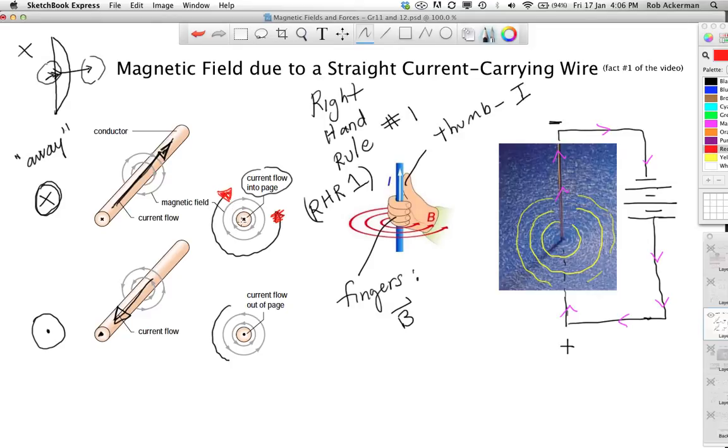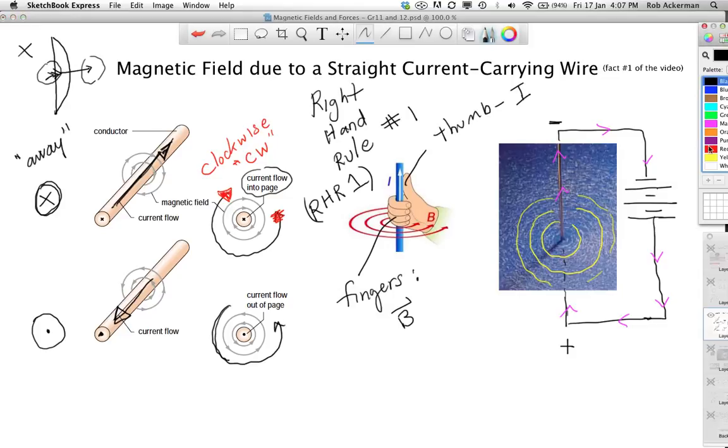So going back here, thumb pointing into the computer screen, right hand fingers wrapping this way, which, let's use the correct words here, this would be clockwise, or CW, as I sometimes write it. Okay? Here is where we would have the thumb coming toward us, the fingers wrapping this direction.